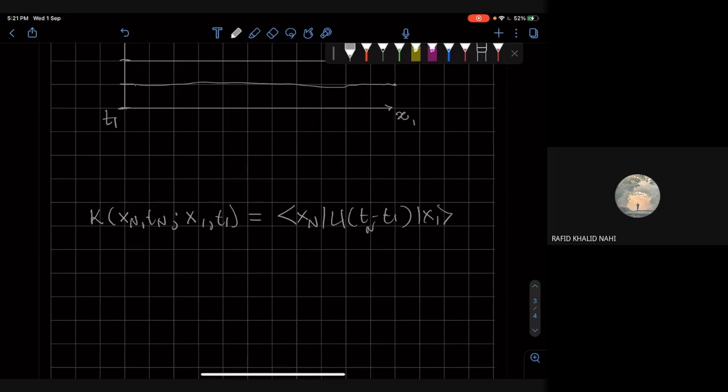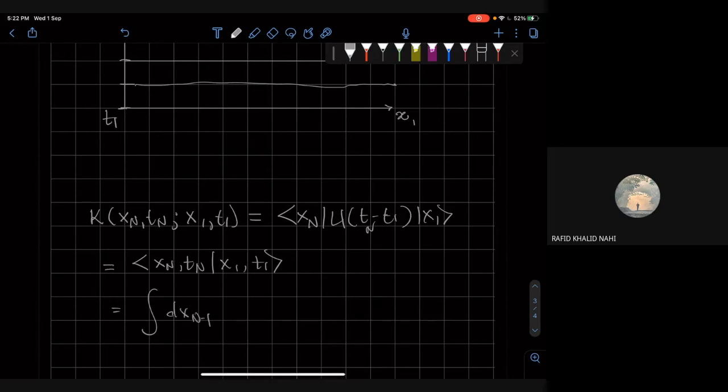And then what we first do is, okay, we write it in the Heisenberg picture first, and you will see why. Because we want to, so let's just first say dx n minus 1.